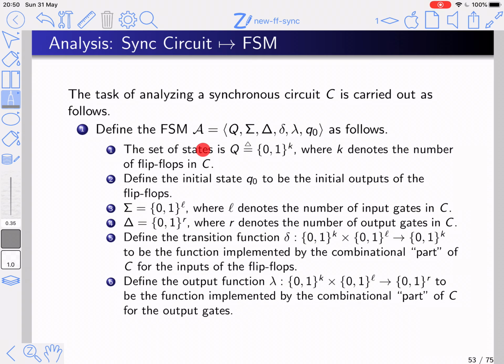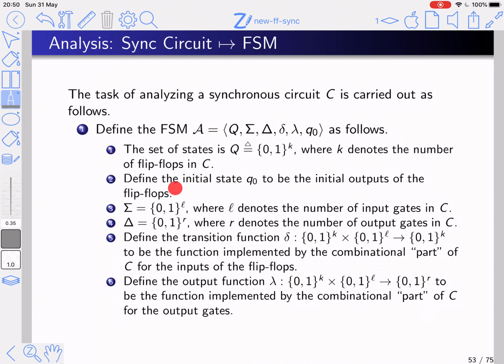Okay, so we define the set of states Q to be {0,1}^k, where k equals the number of flip-flops in our circuit C, in the synchronous circuit C. This is the set of states. So the set of states tells us actually what are the outputs of the flip-flops. There are k flip-flops, so we can represent the outputs of the flip-flops using k bits. The initial state q0 is the binary string of length k that equals the initial outputs of the flip-flops.